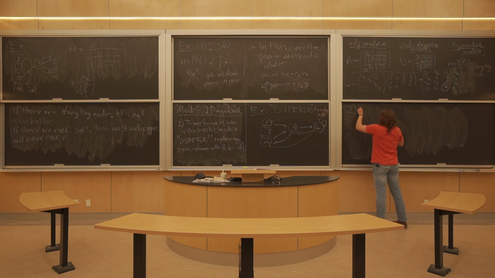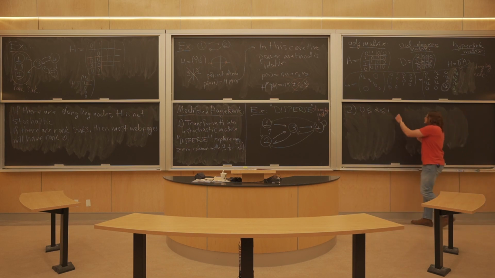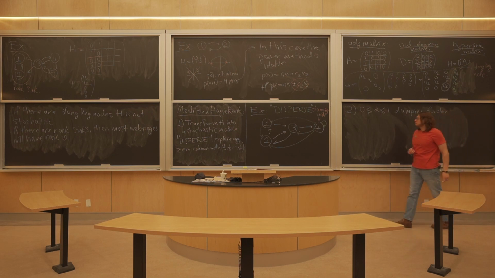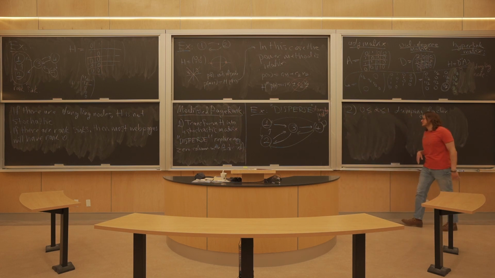This is called the damping factor. And I'm going to take a probability vector B. That's going to be my bias vector, or personalization vector.